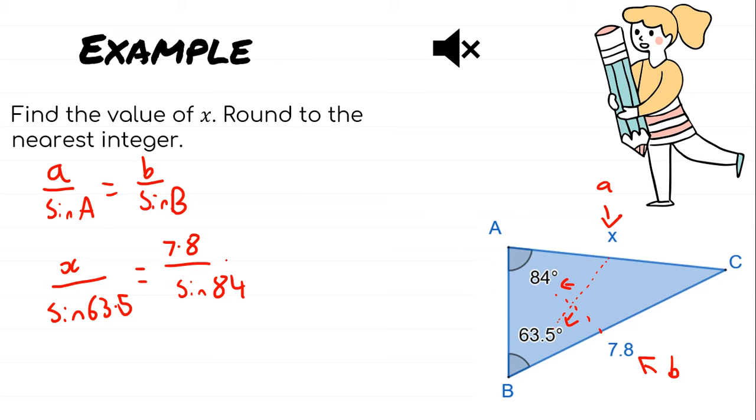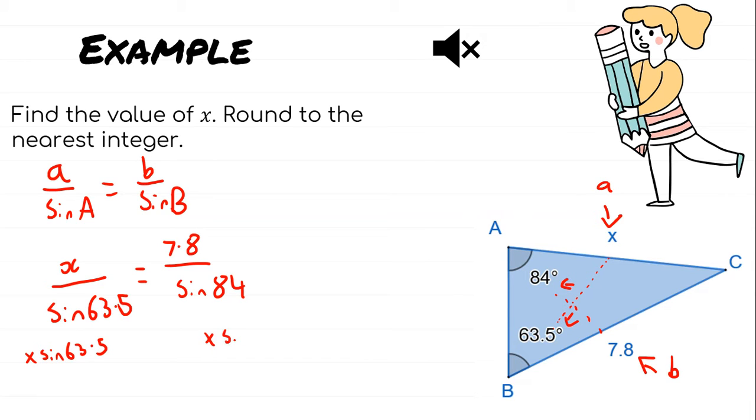Now that you've got this, you can now find x. This is just an equation to find x. So, have a little think. How would you solve this equation? If you wanted x by itself, you would times both sides by sine 63.5.